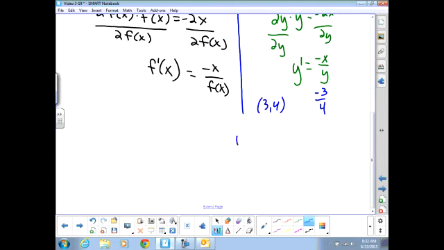So writing our equation of our tangent line, we'll have y minus 4 equals negative 3/4 times x minus 3. So that is our tangent line at the point 3, 4.